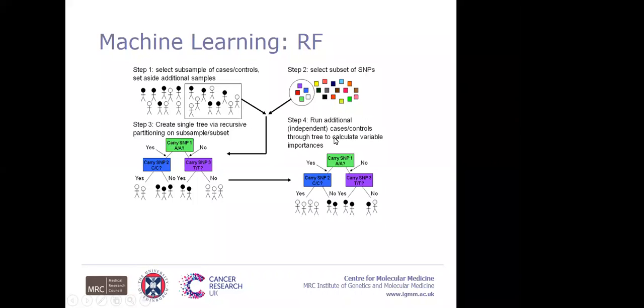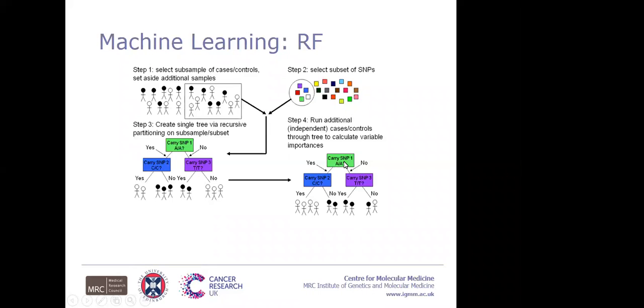In step 4, what I'm going to do is take the individuals here that I didn't use to build the tree, and I'm going to run them through each split of the tree. If we start at the top, I'm going to take these individuals. I'm going to see how well this split can predict whether someone is a case or a control. Then I'm going to take the genotypes at this SNP, I'm going to permute them, and then I'm going to run the individuals with the permuted data through that split again.